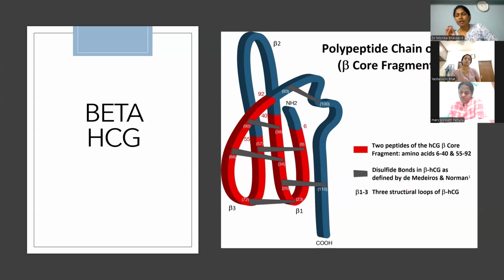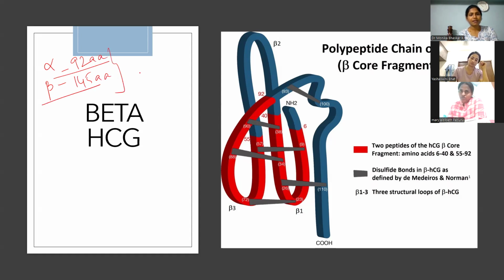So the alpha subunit resembles all these hormones, but the beta subunit is specific for pregnancy. The alpha chain has 92 amino acids, the beta chain has 155 amino acids, and this beta HCG is secreted by syncytiotrophoblastic cells.